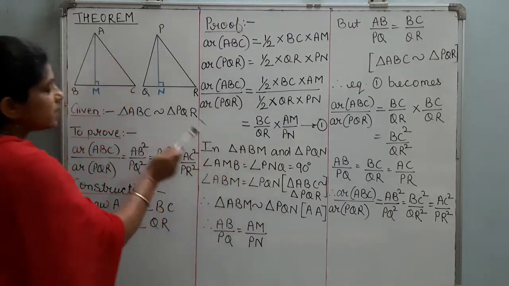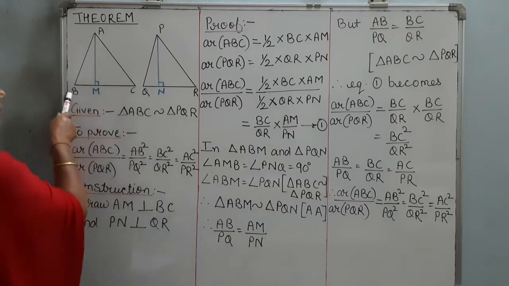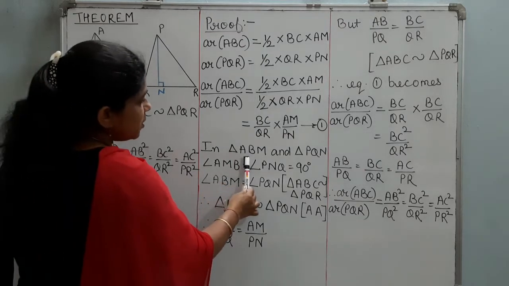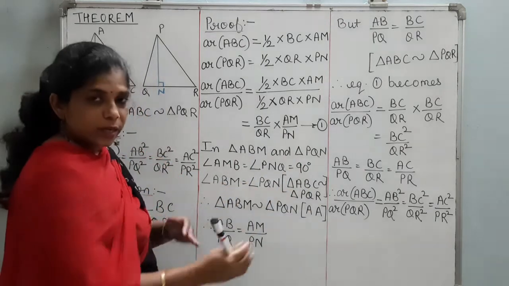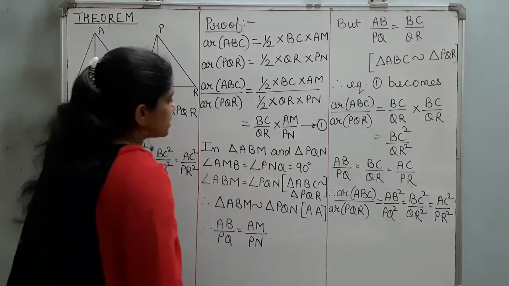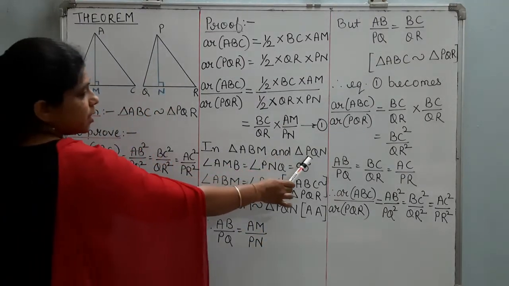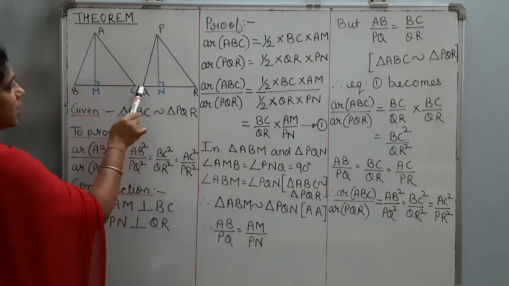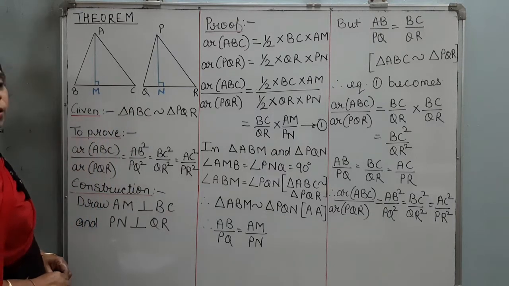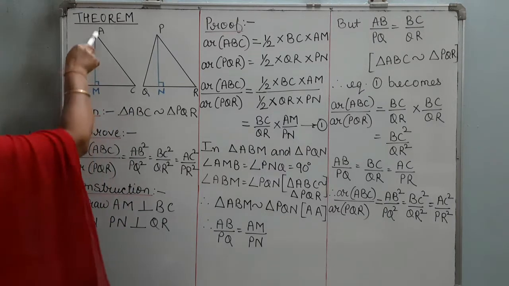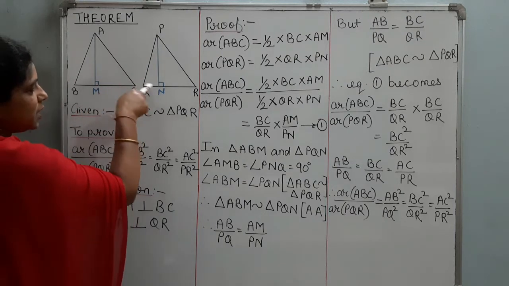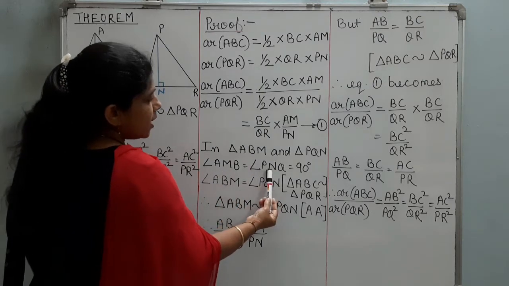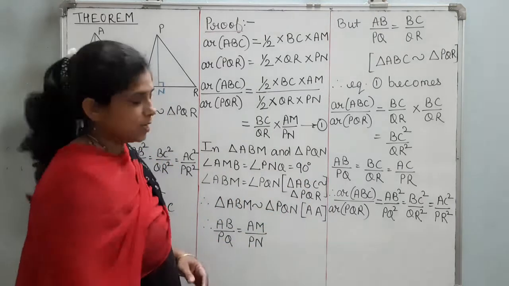Now, we will consider these two triangles, triangle ABM and triangle PQN. Let us see what information we have about these two triangles. In triangle ABM and PQN, angle AMB and angle PNQ are 90 degrees, because by our construction, AM is perpendicular to BC and PN is perpendicular to QR. This is the reason why angle AMB and angle PNQ are equal to 90 degrees.